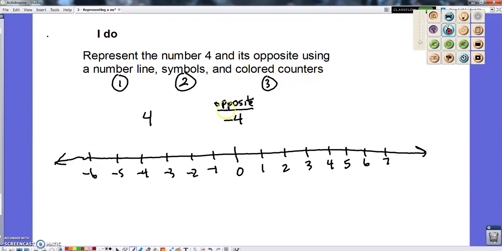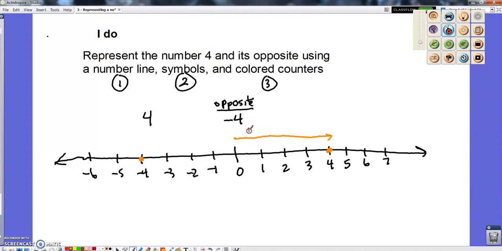So on a number line, I would just represent 4 here. Put a point on the number 4 on the number line. And I would represent its opposite here, negative 4. Negative 4 is the opposite of 4. And what we mean when we say opposites and how positive and negative numbers work, is you'll notice if you start at 0, they're the same distance away from 0.